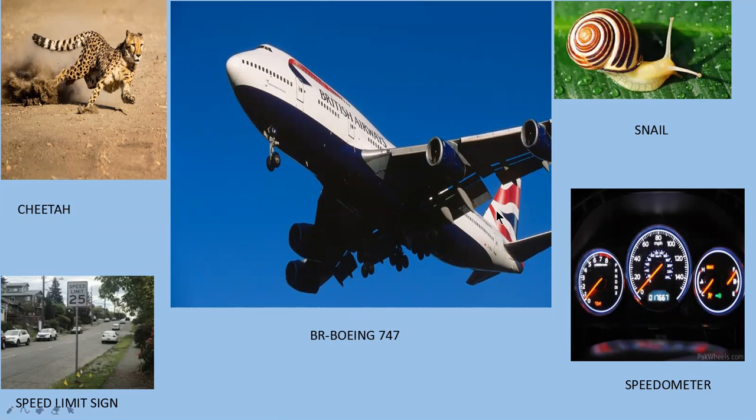Now you can see the snail. This is the garden snail. You have seen the snail, pictures of a snail you might have seen before. It is the slowest animal. It crawls on the land. It cannot walk. It crawls.